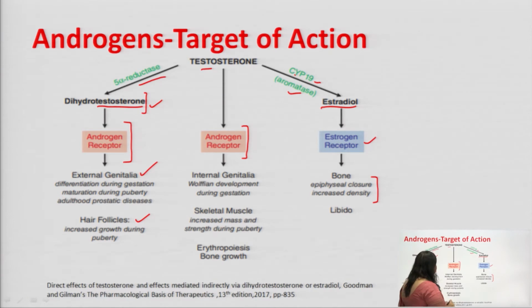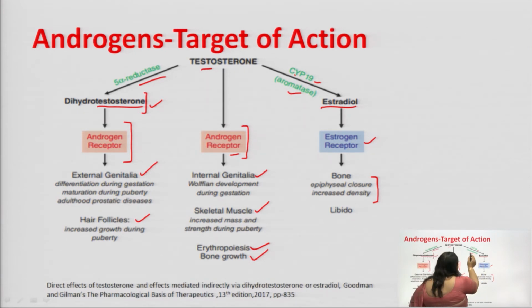When testosterone acts directly on the androgen receptors, it is responsible for development of the internal genitalia, increased mass in the skeletal muscles, erythropoiesis, which we will talk about shortly, and also bone growth.